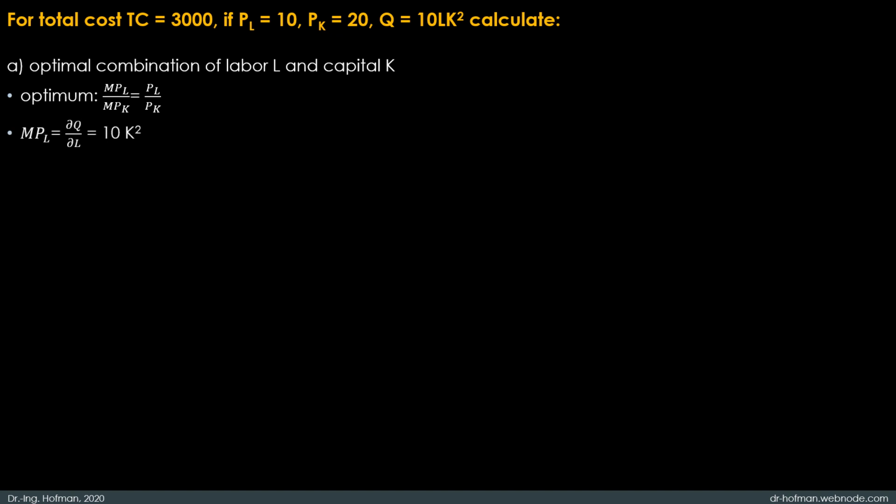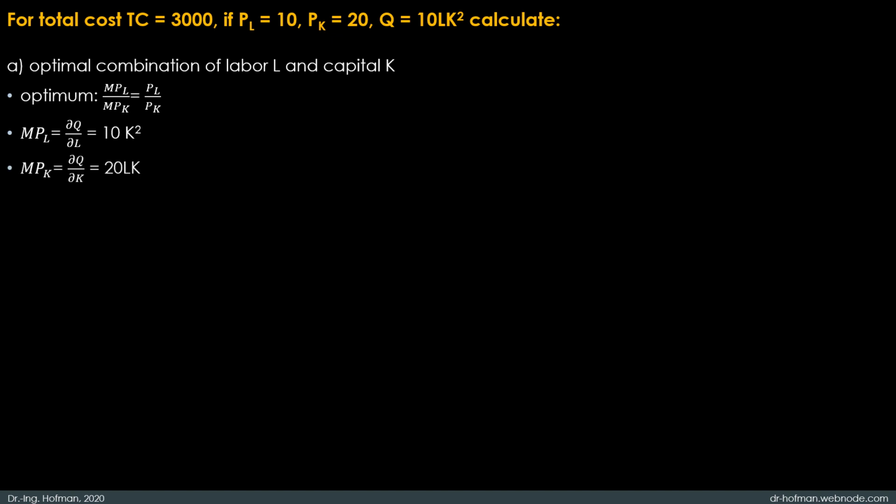Marginal product of labor is the derivative of Q function according to L. It means 10K squared. Marginal product of capital is the derivative of Q function according to K. It means 20LK.